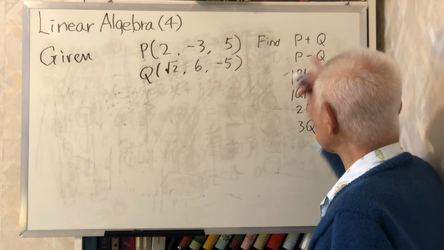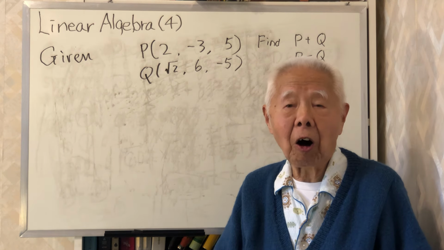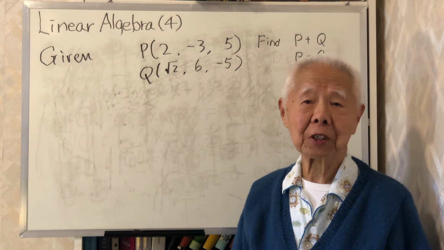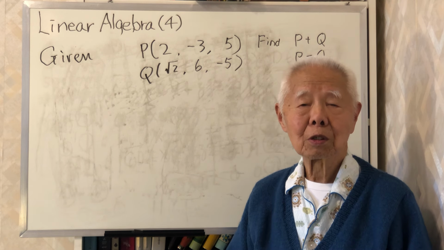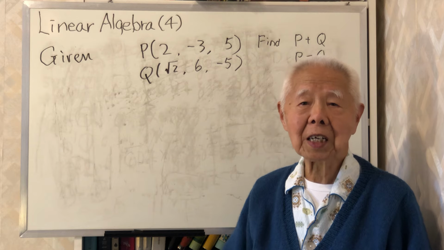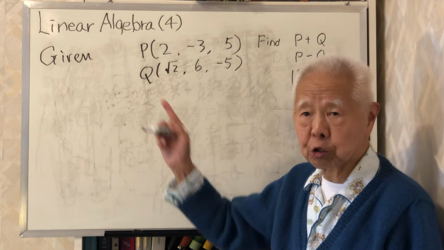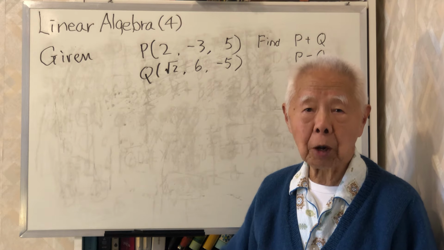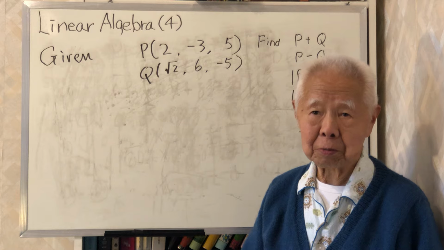I want P plus Q. What do I mean by a point plus a point? It doesn't tell me too much. How can I add a point to a point? So this question, you must interpret. This is not a point, this is a vector.